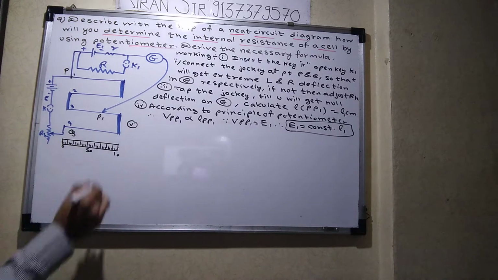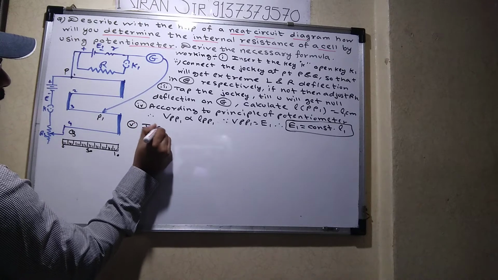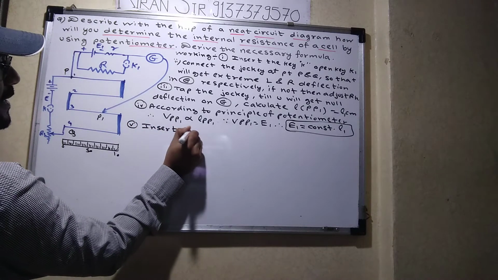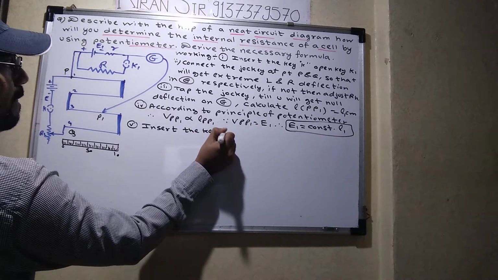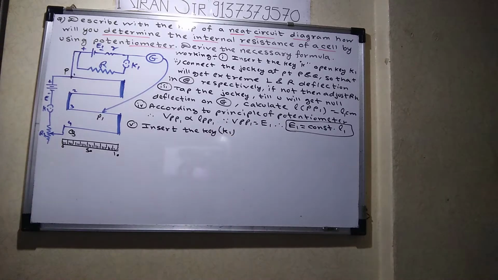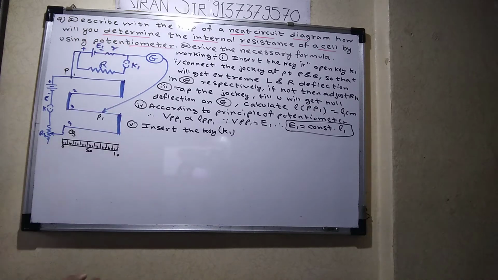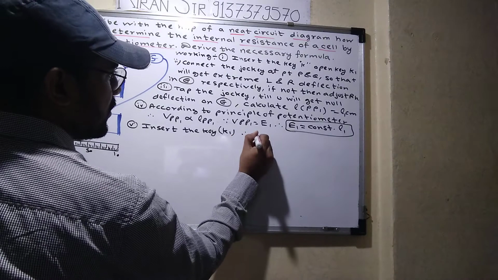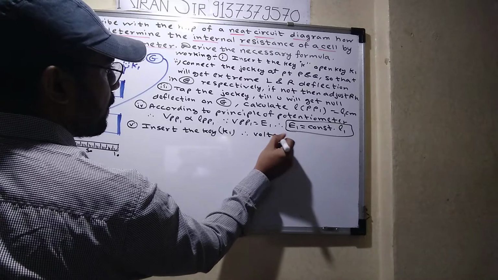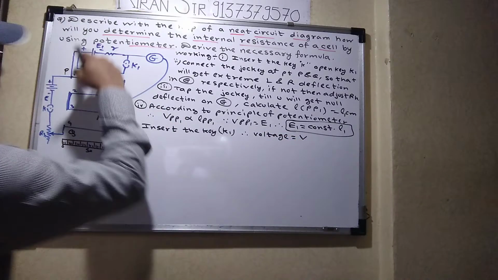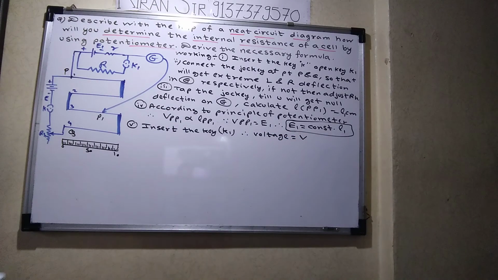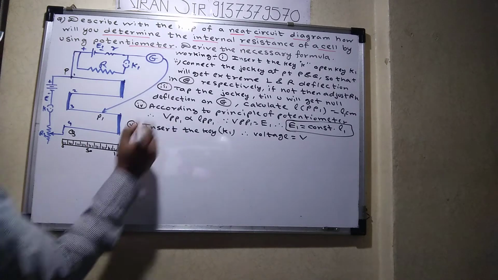Now next, insert the key K1. Now K1 will be in the picture. Once you insert the key K1, the developed voltage is V. Again you have to tap the jockey.